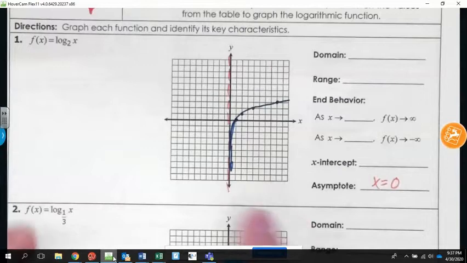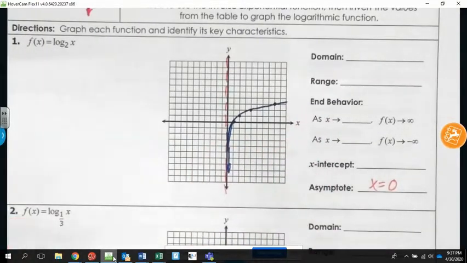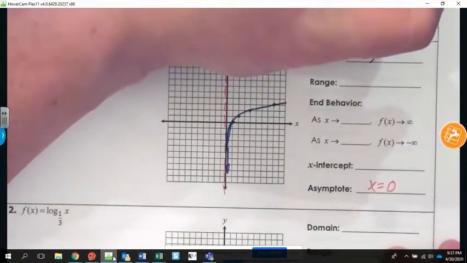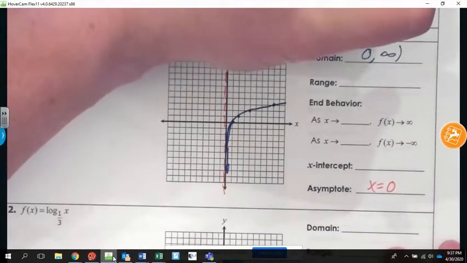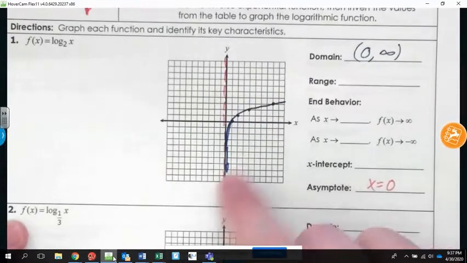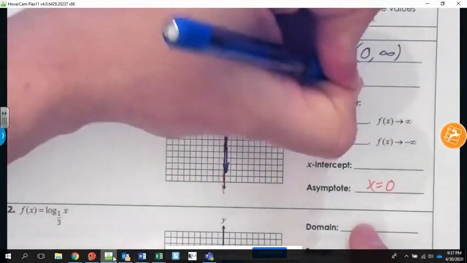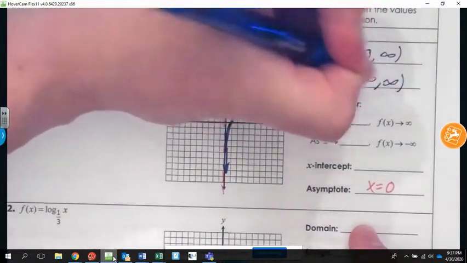So with our domain, we have an asymptote, and we go out to infinity, so we have 0 out to infinity. Our range goes forever down and forever up, so that's going to be negative infinity to positive infinity.